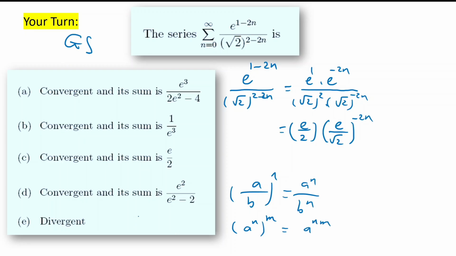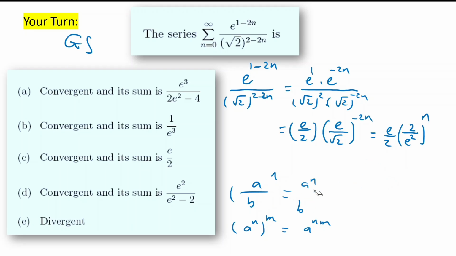Power to a power, you multiply. So this can be easily seen as e over 2, something to the power of n. So what do I have left inside? Power negative 2, squared, but it's negative, so I could flip them. So this is 2 over e squared. Okay, clear how I did it?